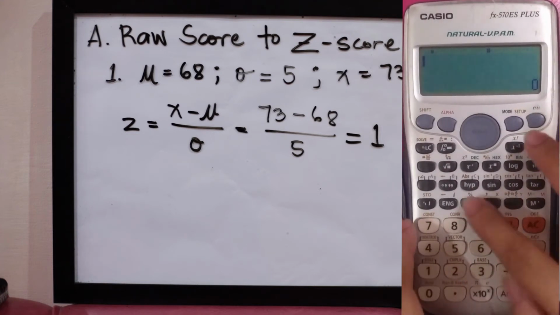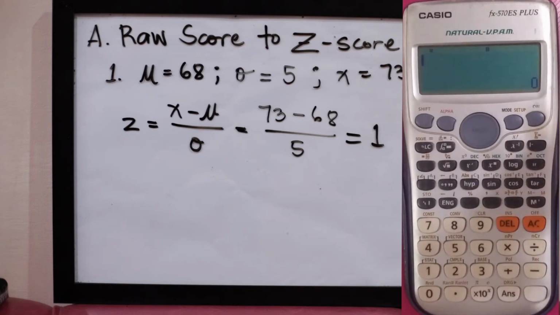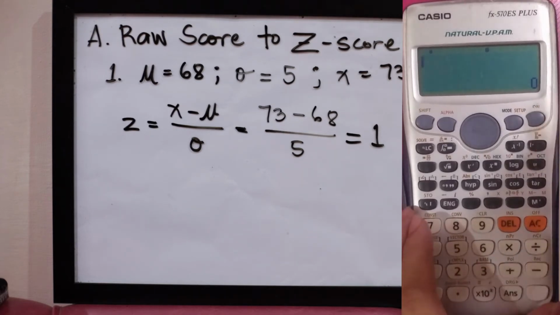You have to enclose 73 minus 68 in parentheses, because if not, your calculator will just solve from left to right. That is not what we are trying to show, right? We have to solve 73 minus 68 first before we divide it by 5. That is what you put in the calculator when using a two-liner calculator.